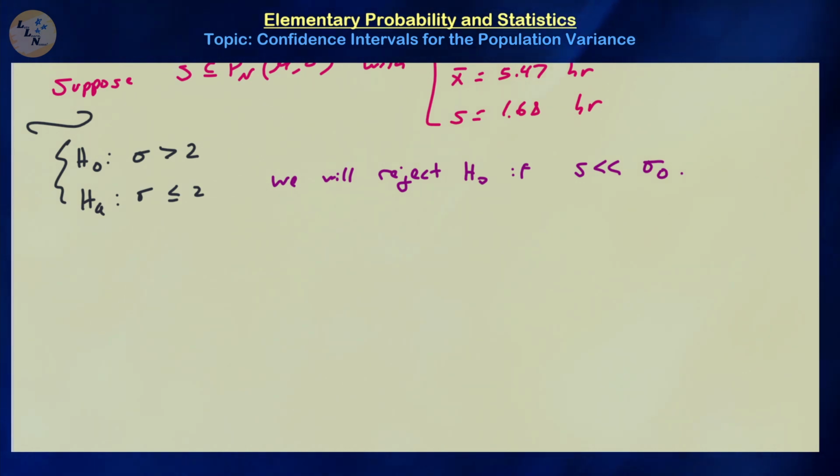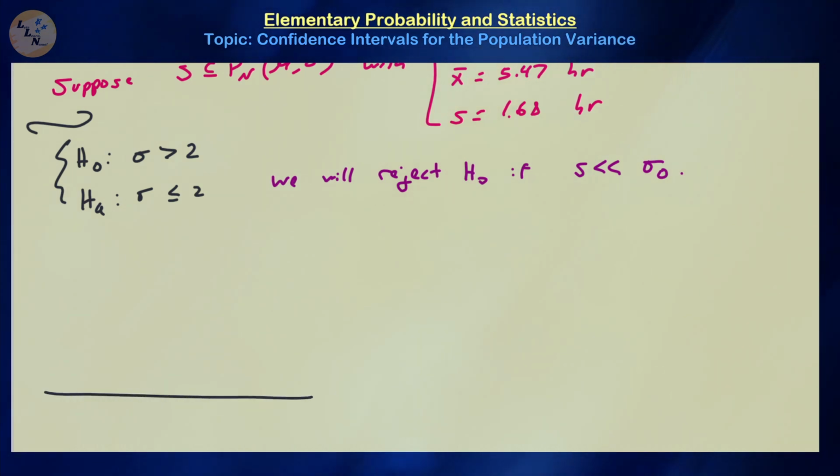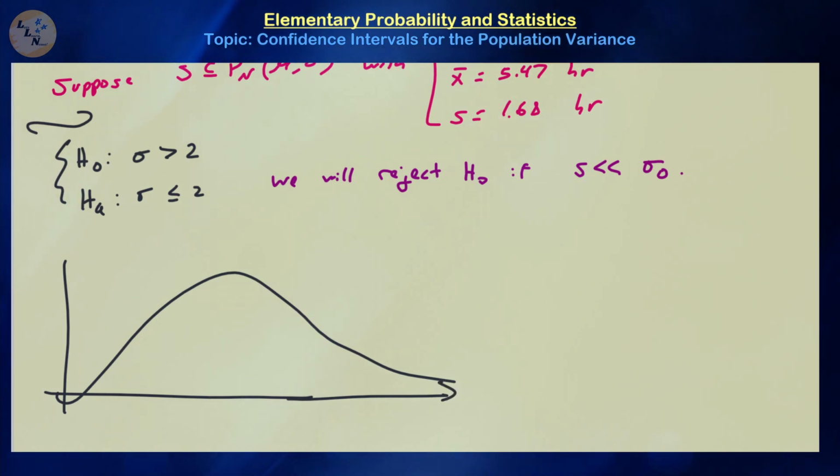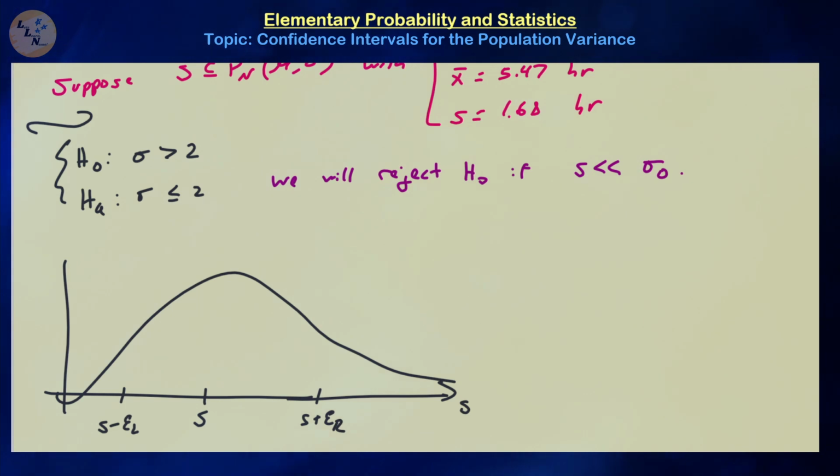value of sigma. So if we look in the standard deviation world, because remember, we have two equivalent perspectives of this test, the standard deviation or the variance perspective, so the standard deviation is somewhere in here, and we have S minus epsilon L and then S plus epsilon R. And that's going to define our level of confidence.